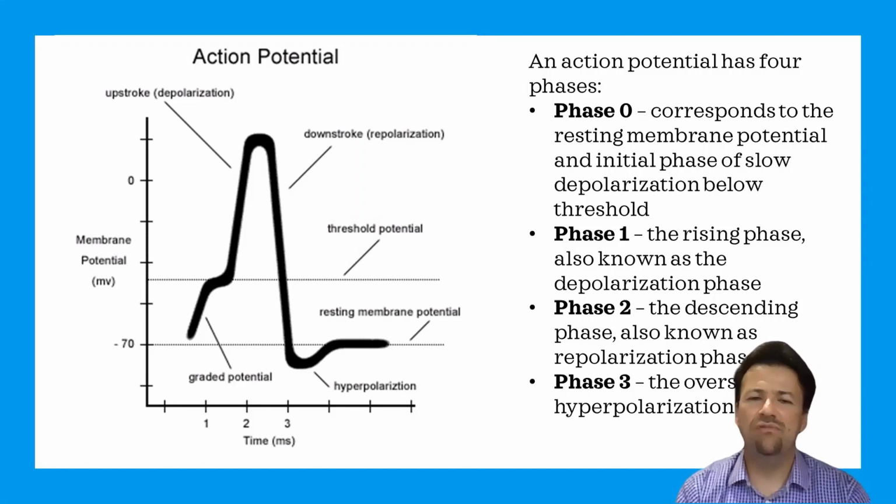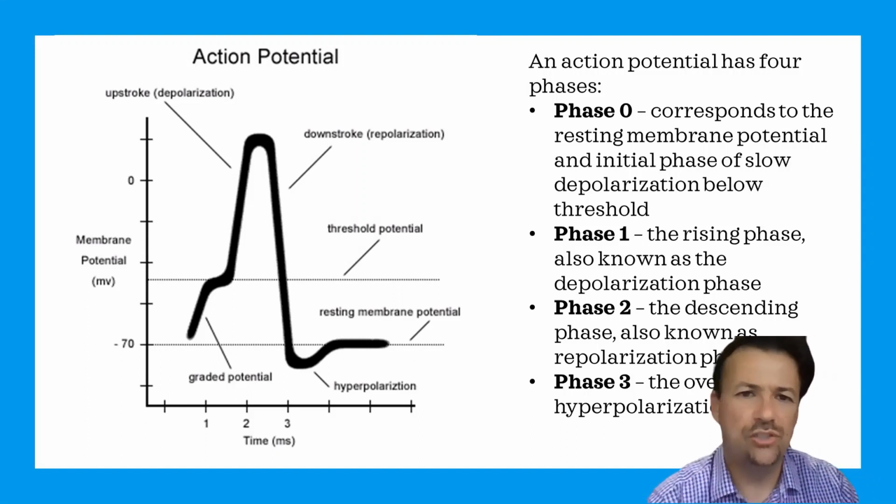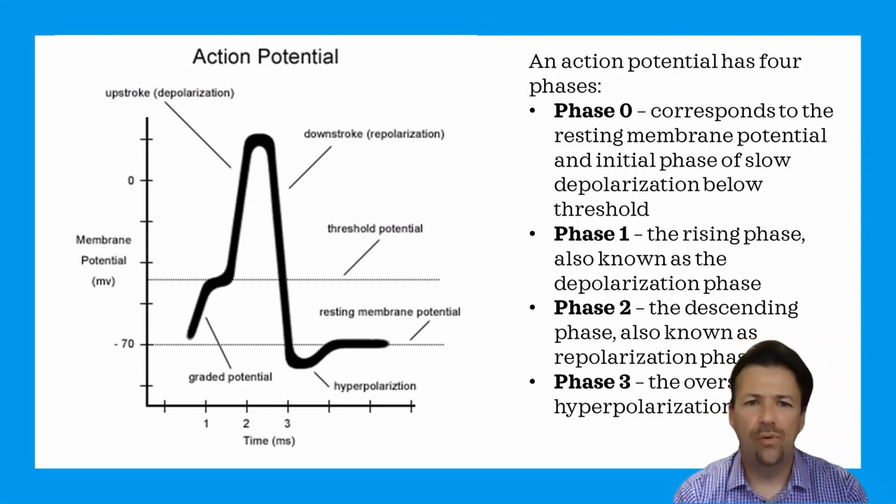So those are the different phases of the action potential. And what we want to do now is look at the ionic changes that are responsible for each component of the action potential. So let's do that by focusing now on phase 0 and how it transitions to phase 1.